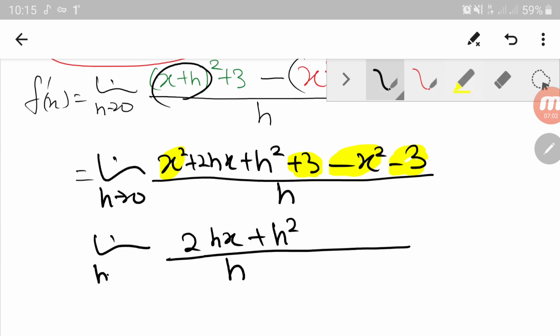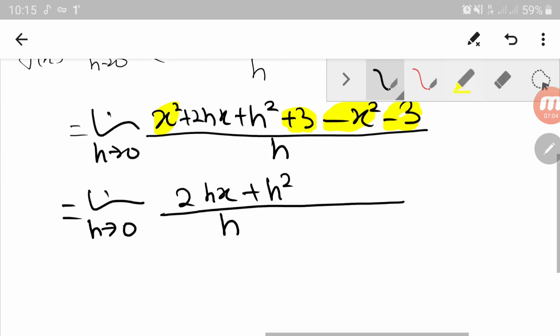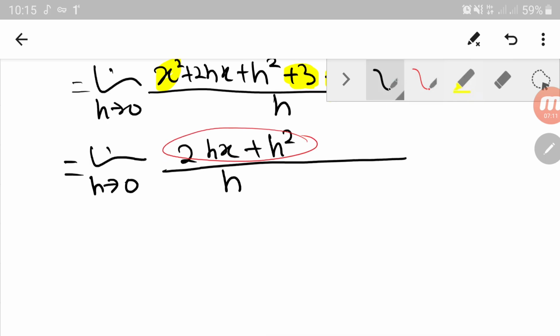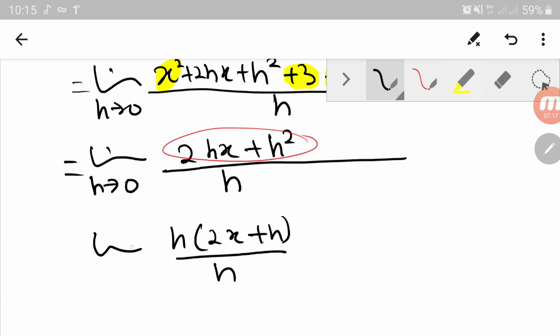And then we're taking the limit as h approaching 0. But before that, we can factorize the numerator. We can factorize h, so h outside, 2x plus h, over h. Then we take the limit h approaching 0.